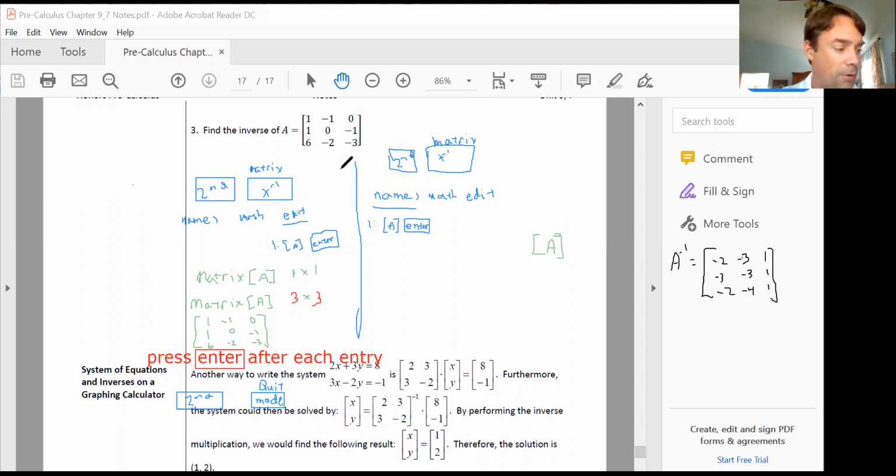So you're going to go back and press your inverse button now. And what that's going to do is make the inverse show up. So now once you have that, go ahead and press enter.